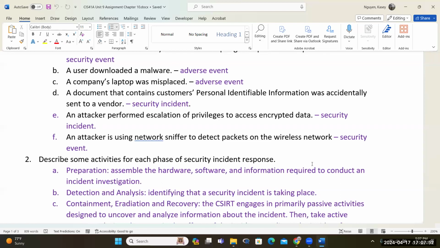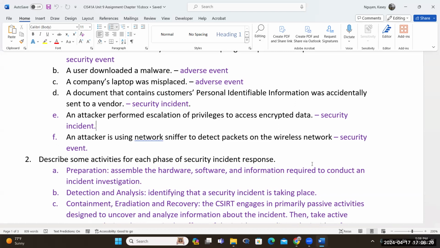This is when you would put together hardware, software, or information that would be needed for investigation of the incident. Sometimes that would be forensic related. Sometimes that would also be interviewing people, right? So you would need to prepare and plan for what kind of investigation.